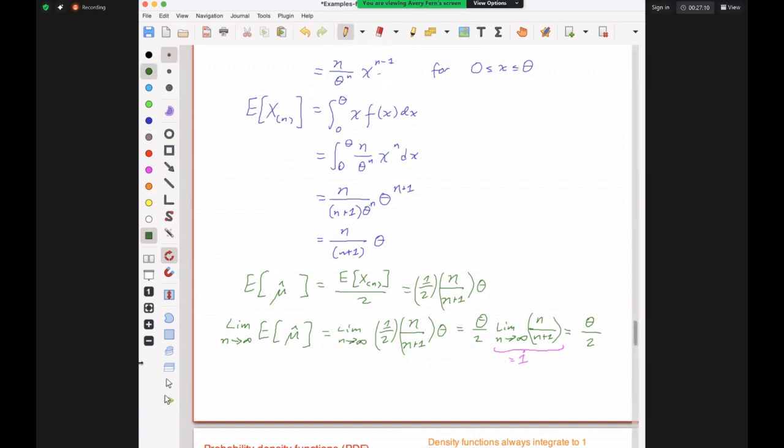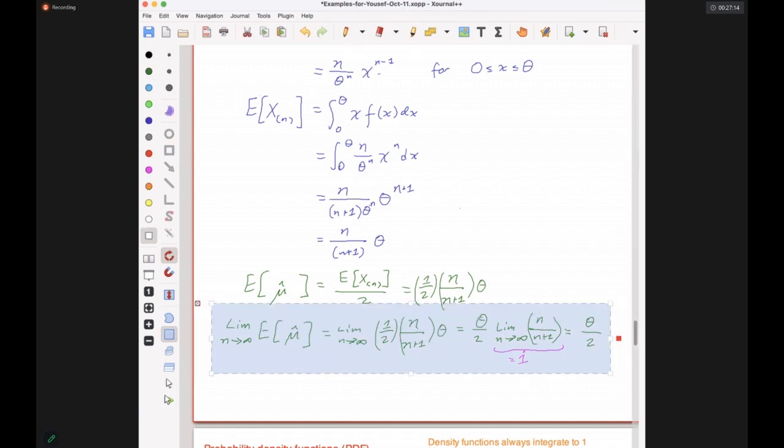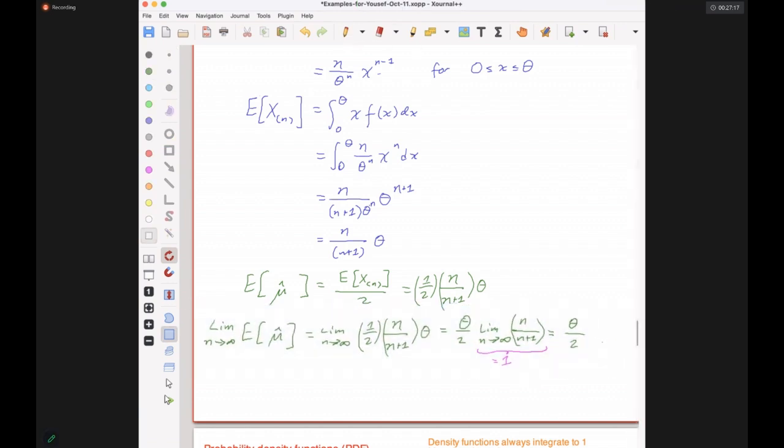And this is equal to mu. So our estimator, or I'll say the maximum likelihood estimator for mu, which is just defined as the expectation of x, is asymptotically unbiased.